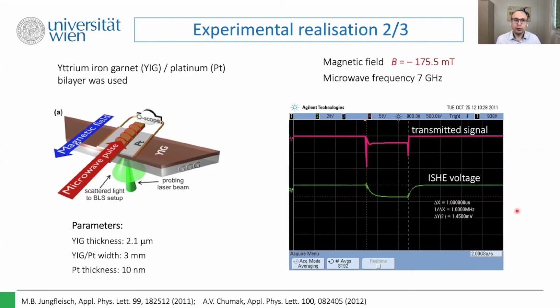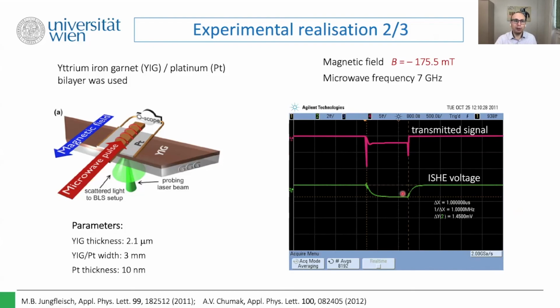And of course, what you always do in this kind of experiment, you need to check if you really see the inverse spin Hall voltage or if it's some parasitic effect. And in this case, we are very lucky because we have the rule that 3 vectors, magnetization, spin current and charge current, are always coupled with a cross product. It means that if you now change the direction of the magnetic field, you should have a change in the sign of the voltage.